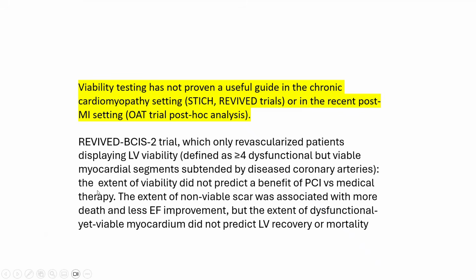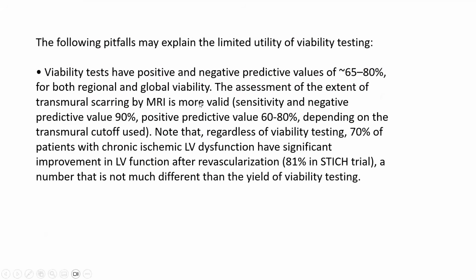They only took those patients, yet the extent of viability, how many more segments were viable but dysfunctional, did not predict the benefit of PCI versus medical therapy. And the same in STICH trial, the presence or absence of viability did not predict the difference between CABG and medical therapy. And the following pitfalls may explain the limited utility of viability testing.